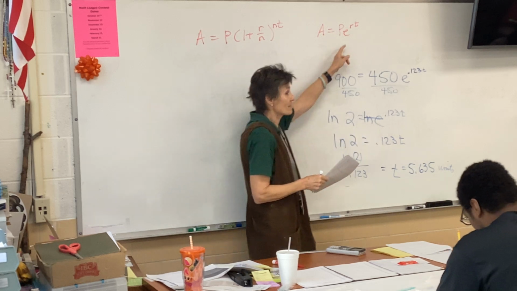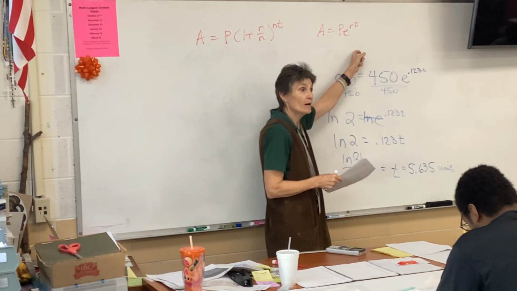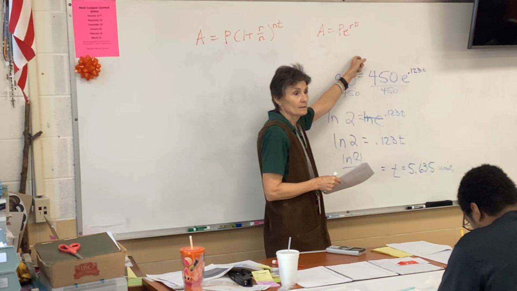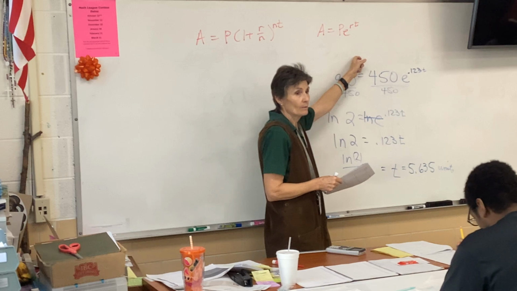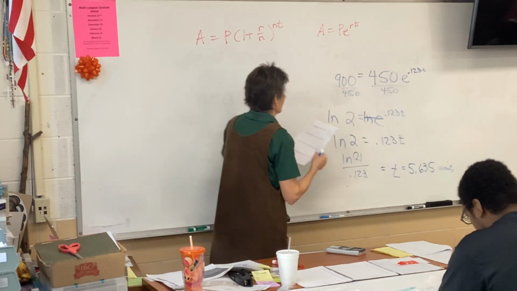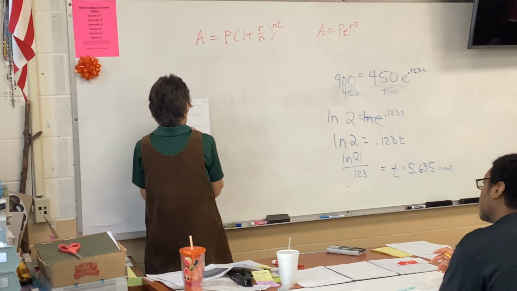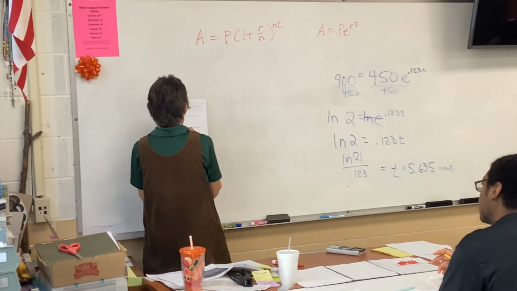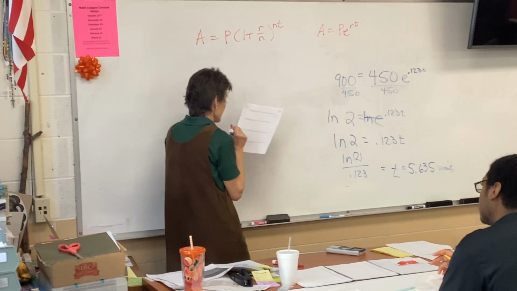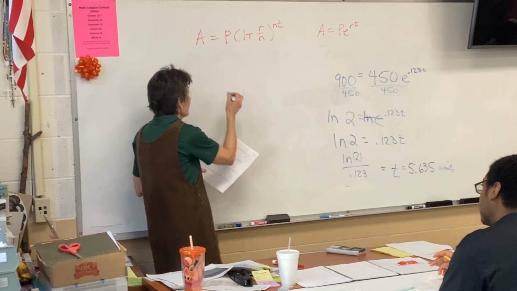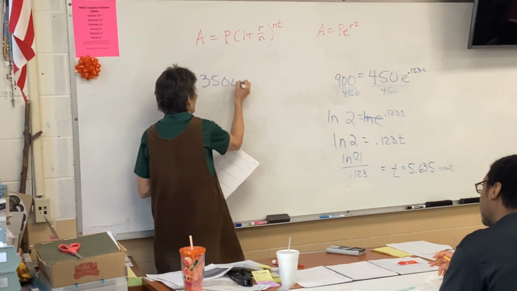And when it has that word in it, continuously, it's this formula. So it's that formula again. All right, so we're using that one. Where does the 35,000 go? In the A. Hey, that's what I'm going to end up with. I'm going to end up with 35,000.